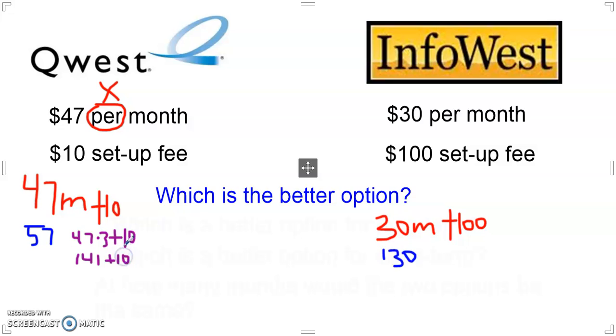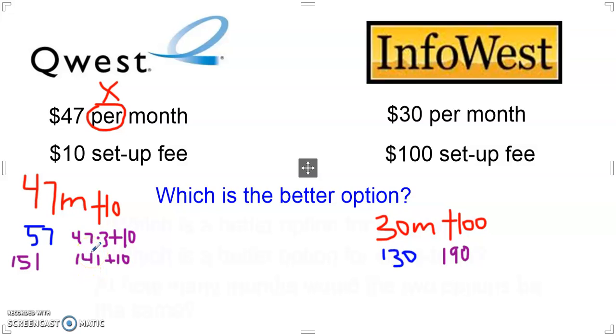So if we're doing it for 3 months, that's going to be $151. Over here, if we do 30 times 3, that's 90 plus 100. 90 plus 100 is 190. So it looks like this is still the better option after 3 months.